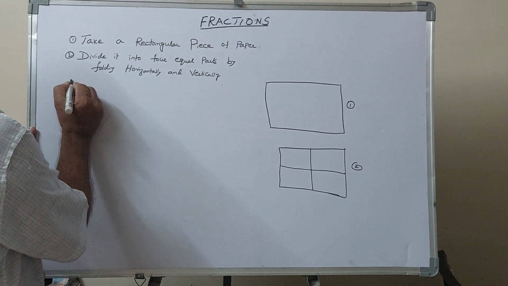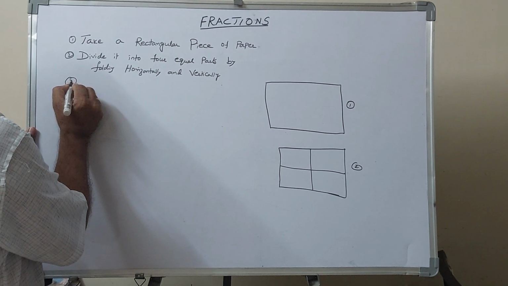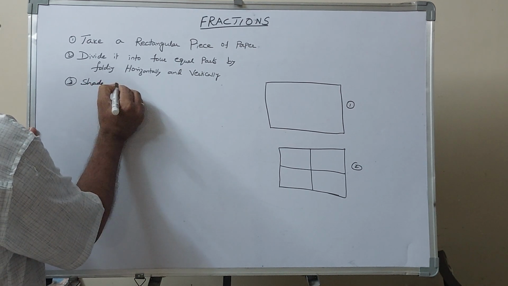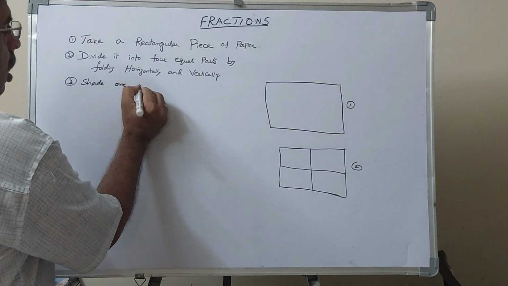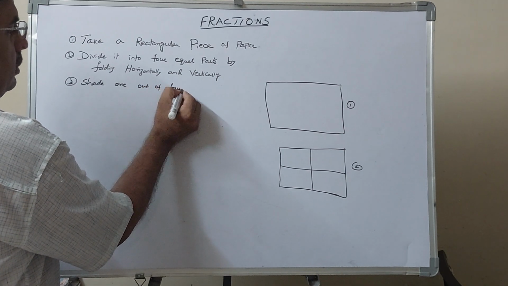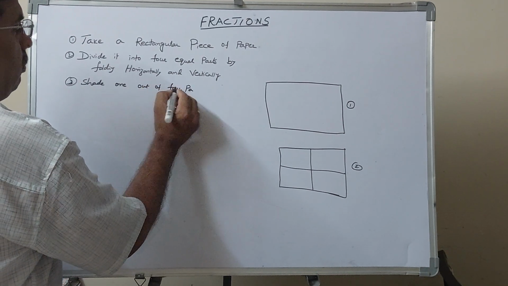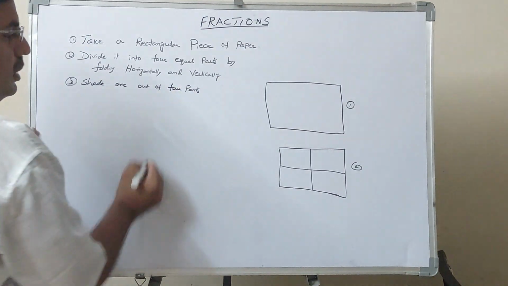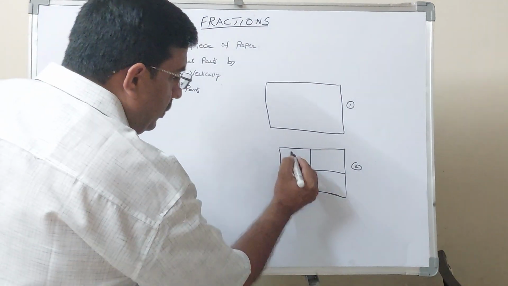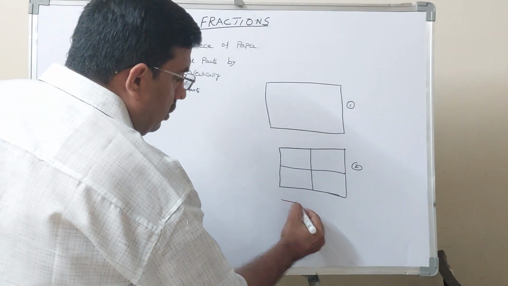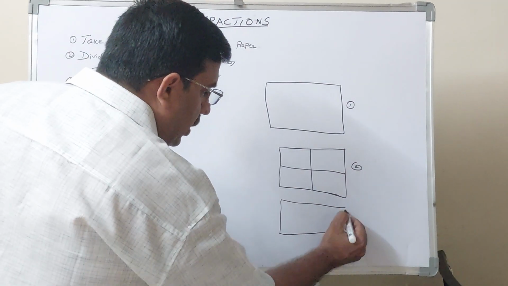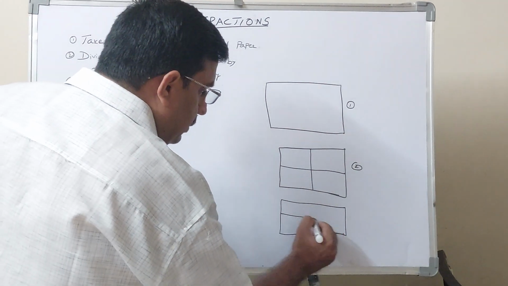Now shade one part. Shade one out of four parts. Shading one part out of four equal parts means you will shade like this.